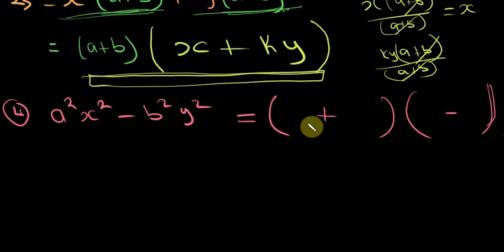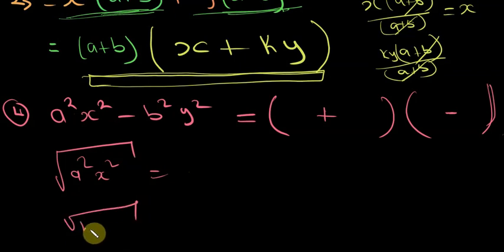In this case, what you do is you just square root this one, and then you square root the other one as well, b squared y squared, and the answers you get, you put one there, the other one there, one there, the other one there.